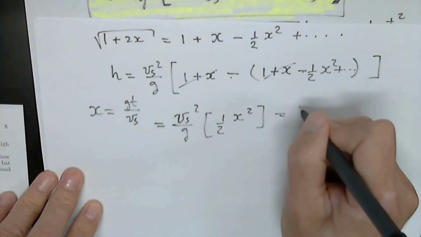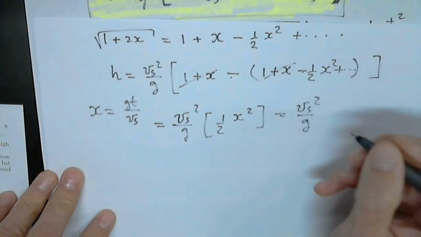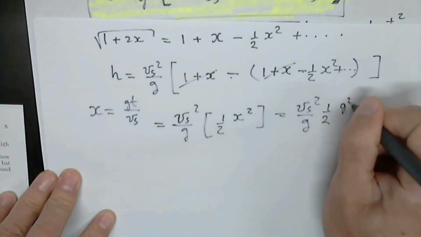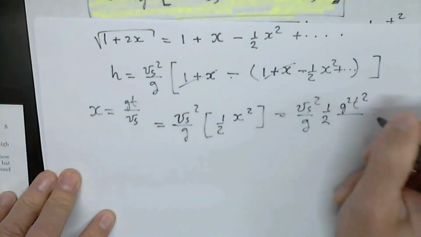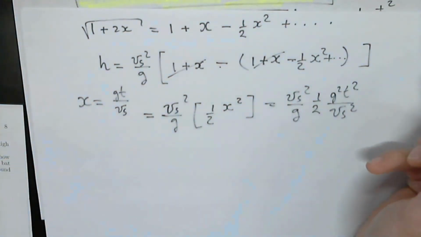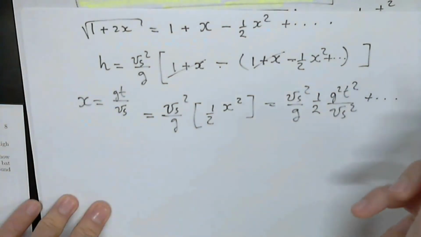What x is this? So I got bs squared over g, 1/2 g squared t squared over bs squared. And now that makes sense, plus other terms that I didn't do.